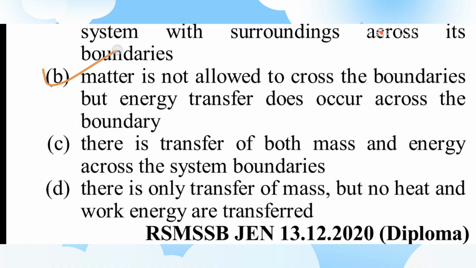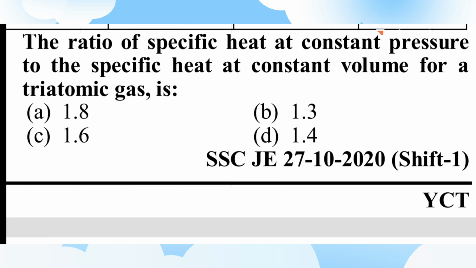B is the answer: matter is not allowed to cross the boundaries, but energy transfer does occur across the boundaries. Next question: the ratio of the specific heat at constant pressure to the specific heat at constant volume for a triatomic gas. Triatomic gas के लिए होता है 1.33. B is the answer. Diatomic में 1.4 और monoatomic में 1.67.